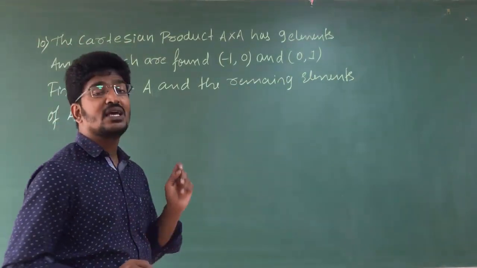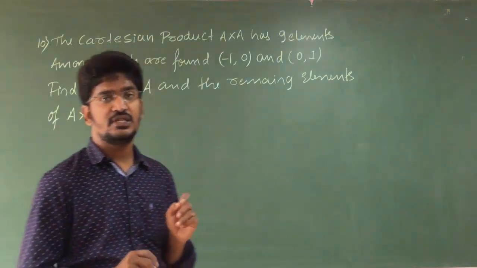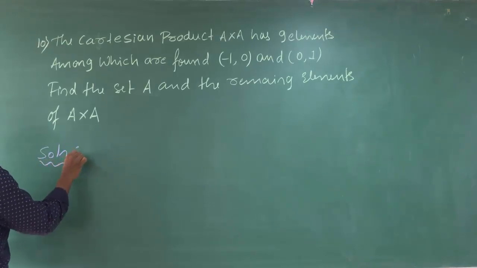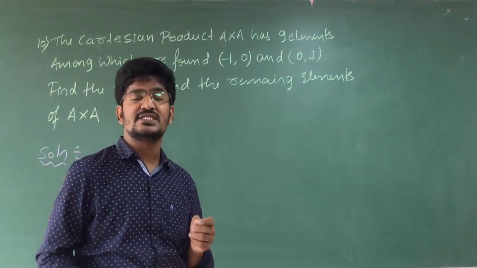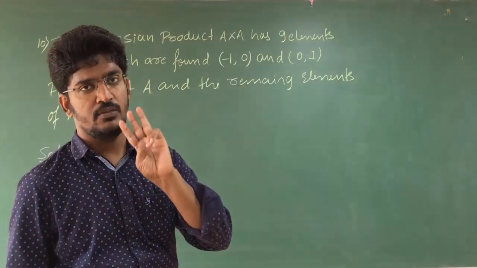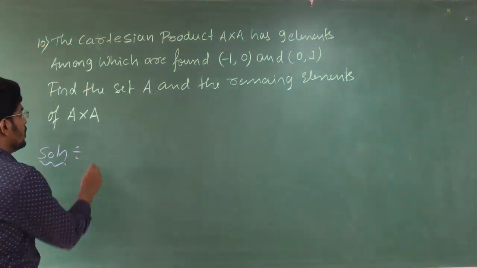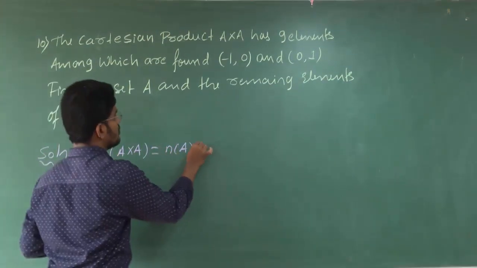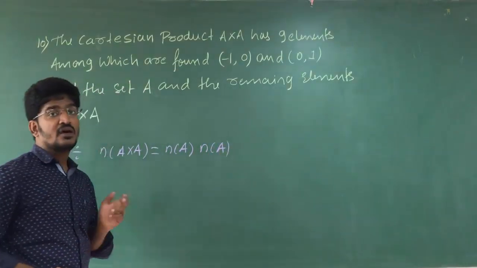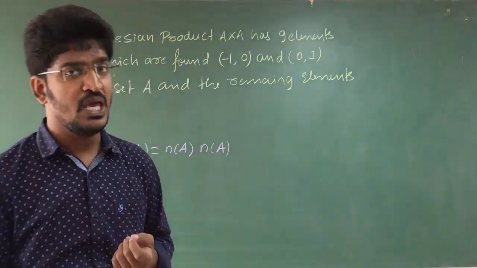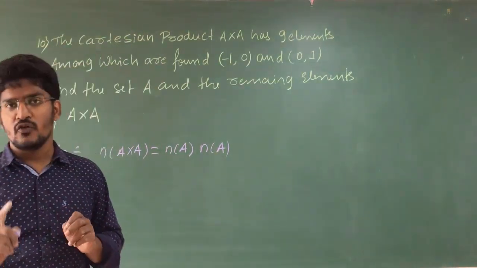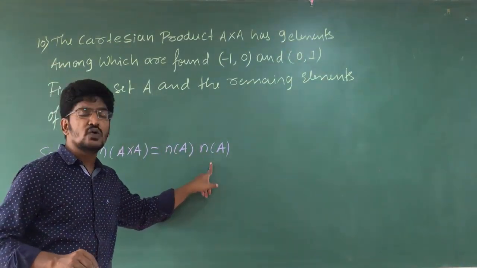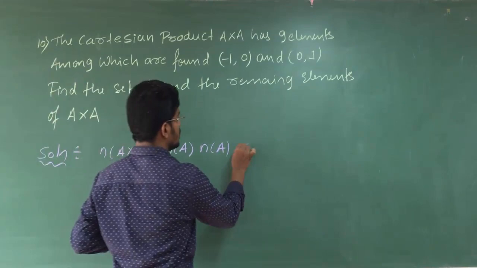From that single line you must understand that A has 3 elements, because as you all know, n of A cross B is n of A multiplied with n of B. In the same way, n of A cross A is n of A into n of A. This is equal to 9.